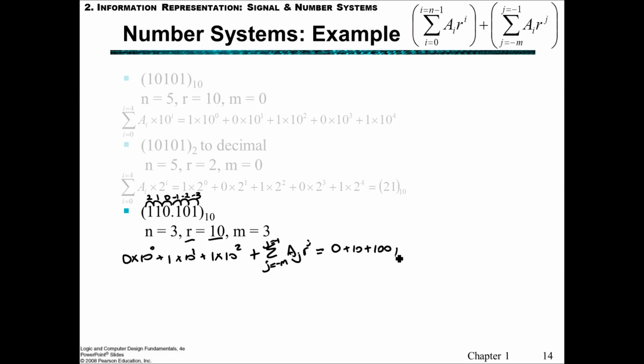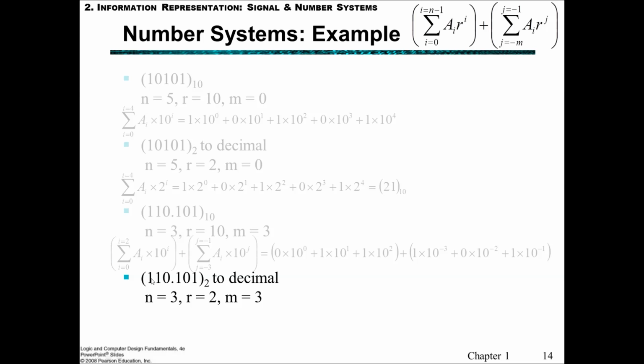And then we've got the decimal place values of 1 times 10 to the -3 plus 0 times 10 to the -2 plus 1 times 10 to the -1. So this equals 110 plus 1 on 100 plus 0 plus, 1 on 1000 plus 0 plus 1 on 10, giving the answer that we originally started with.